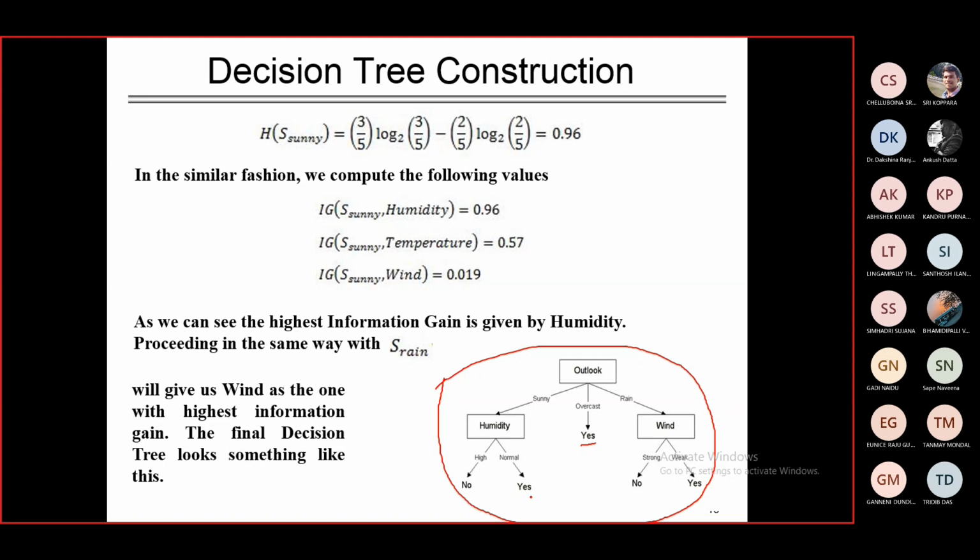If it is a binary classification, then either yes or no will be your decision, or if it is a multi-class problem, then more than two decisions will be possible. Accordingly you have to make the decision.